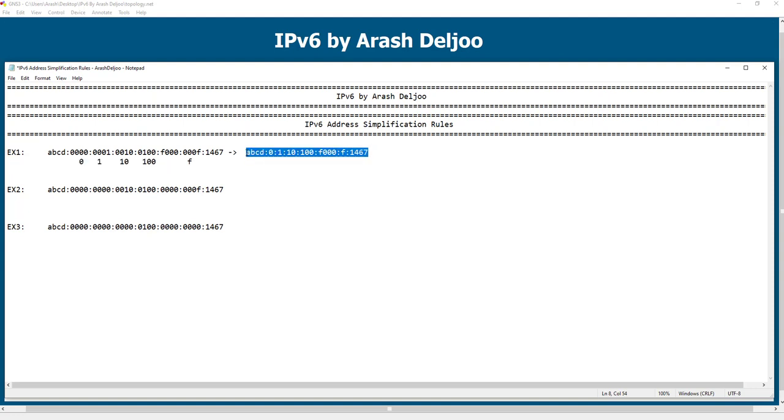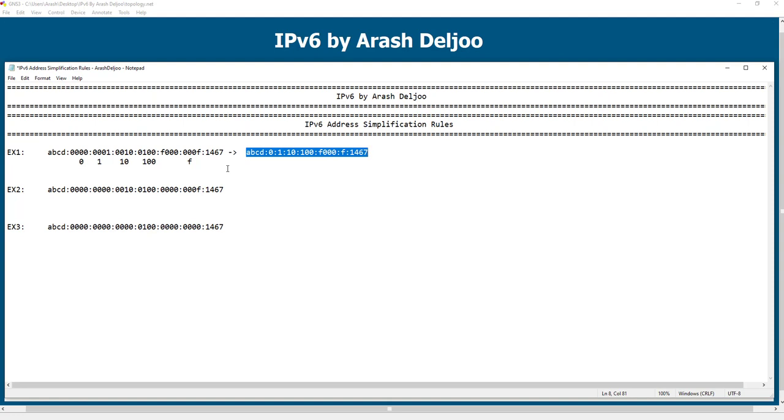There is no difference between this IPv6 address and this IPv6 address. Only this one is more compressed. We don't have any difference between these two IP addresses. You can use this IP address for addressing or the second IP address. The result of configuring both of these IP addresses is the same.